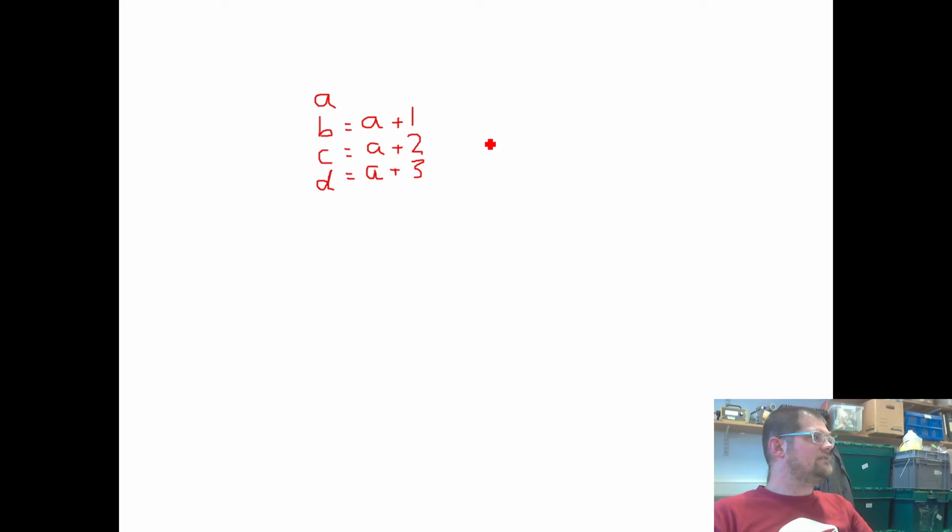So if I'd instead said C equals B plus 1, to work out what C was just in terms of A, I would then have to say C is equal to A plus 1, which is got from this equation here, and plus 1.